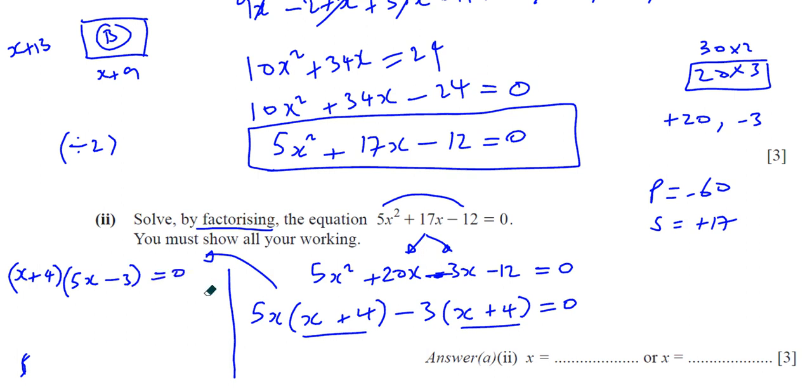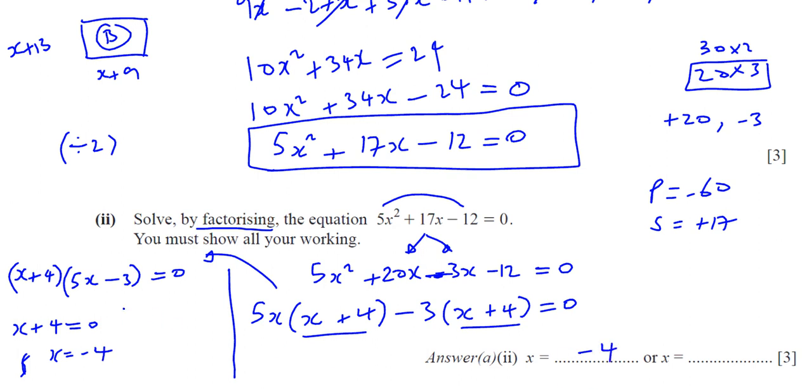Now we're going to use what's called the zero product property. When you have two or more factors whose product is 0, one of those factors must be 0. The only way to get 0 when you multiply different terms together is if one of them is 0. So either x plus 4 is 0, which means x is negative 4. That's one of our answers.